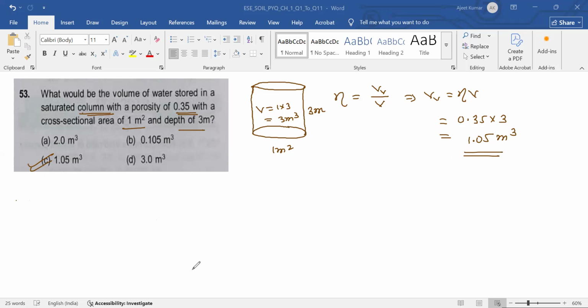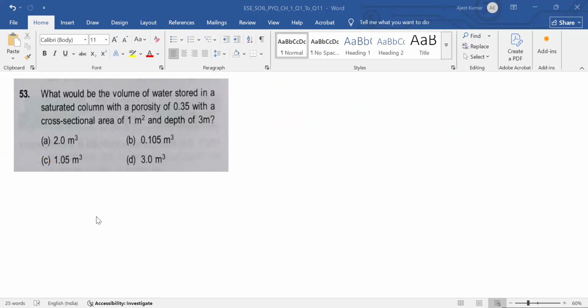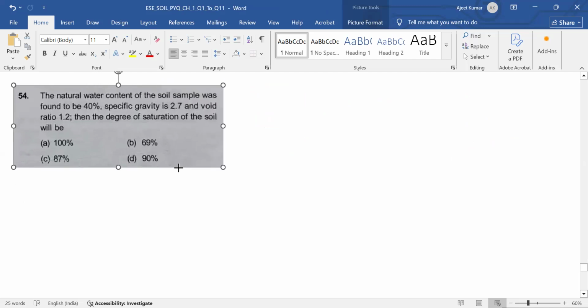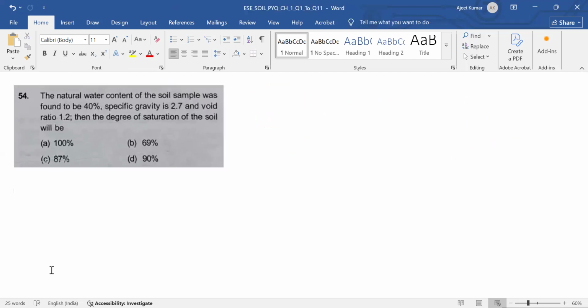Now we'll go to question number 54. The natural water content of a soil sample was found to be 40%. So w_n, natural water content, is 40%. Specific gravity is 2.7 and void ratio is 1.2.